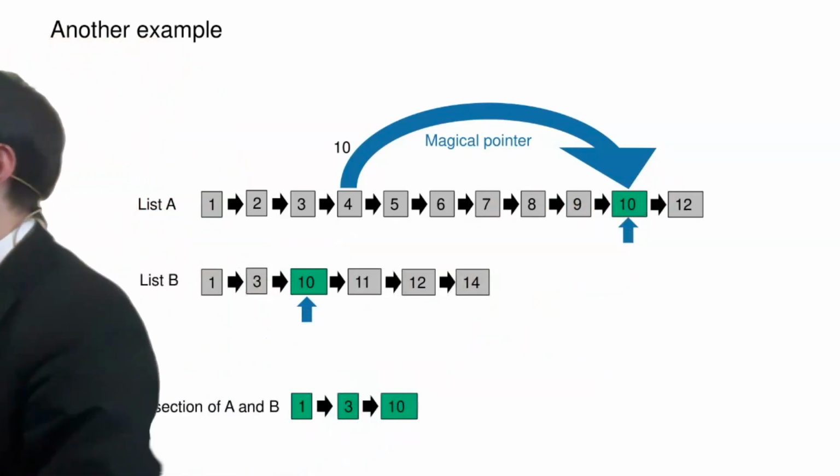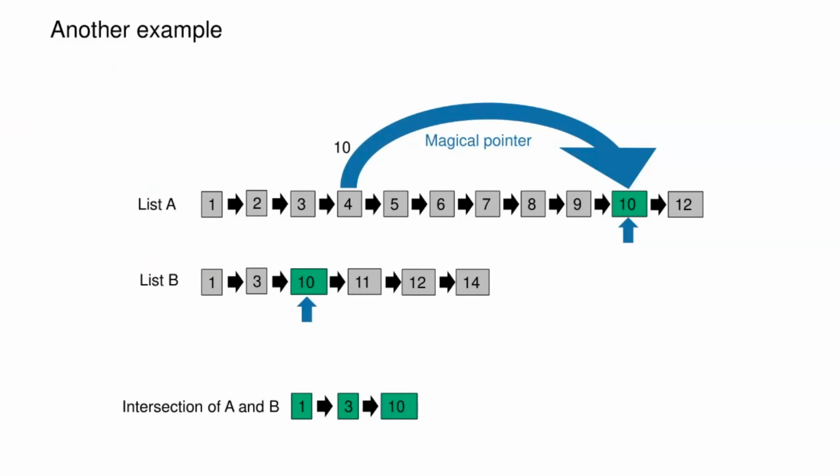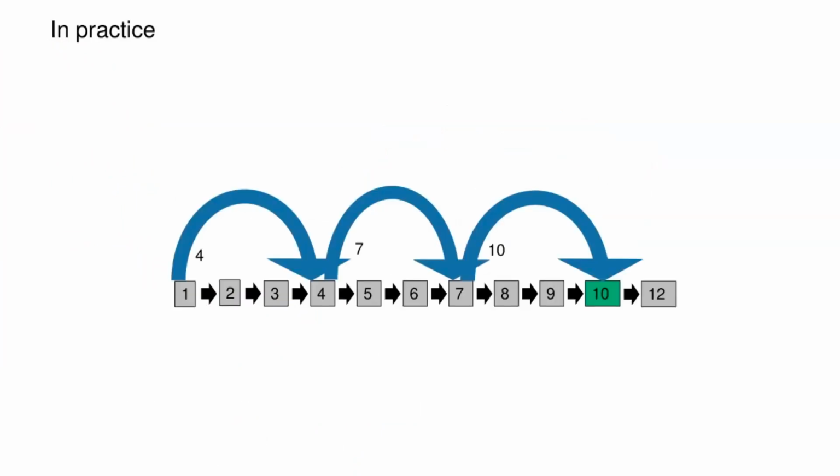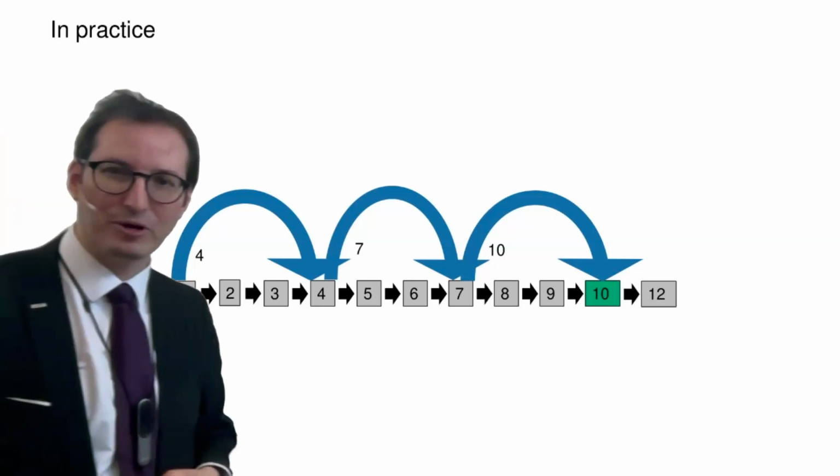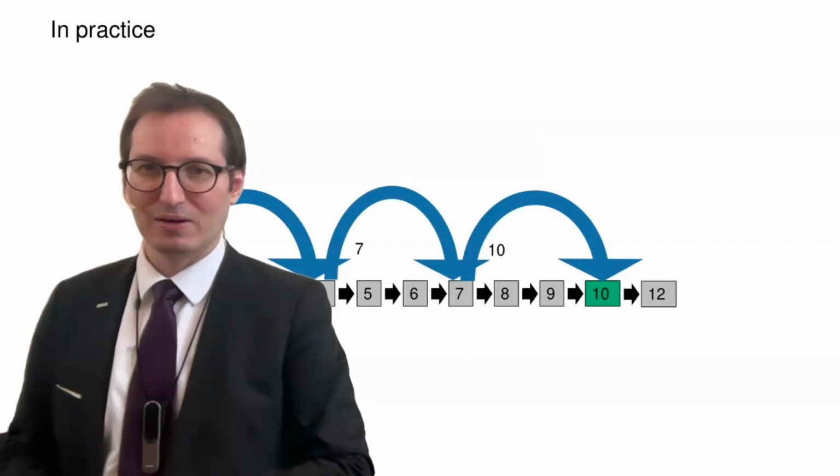And so this is what is called a magical pointer, a skip pointer. And so the idea is that we can add plenty of these pointers over the posting list.